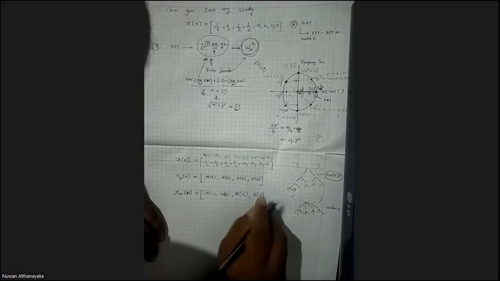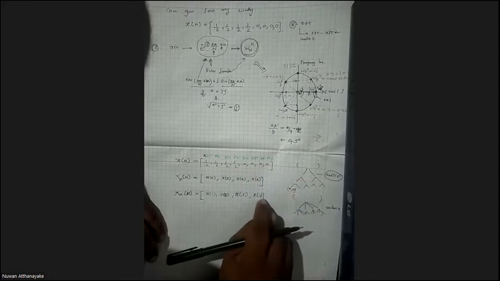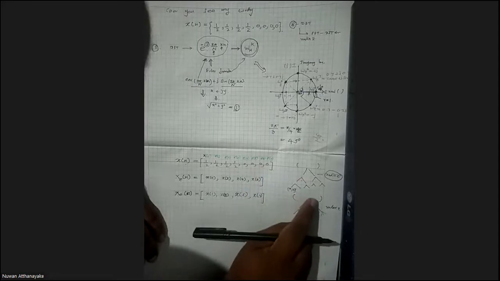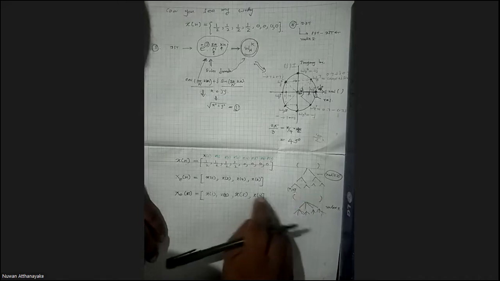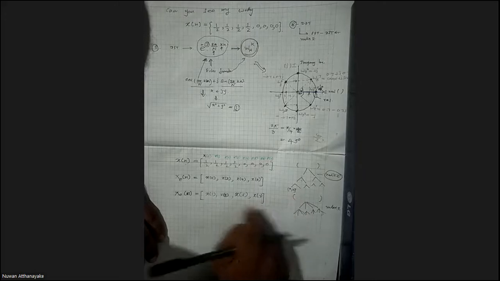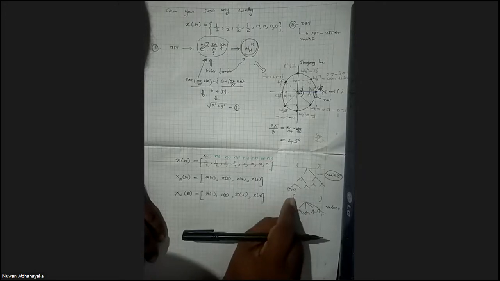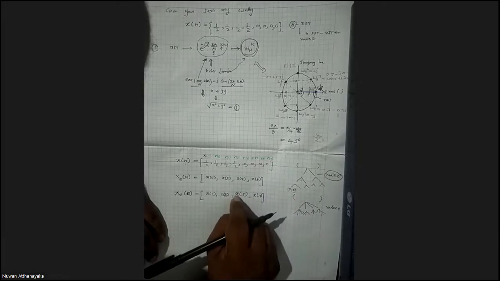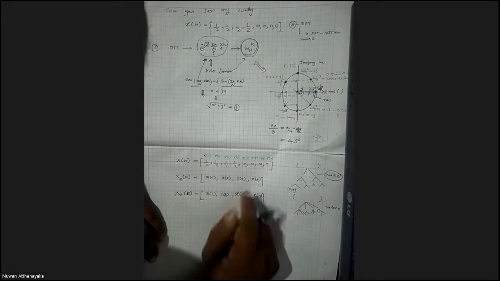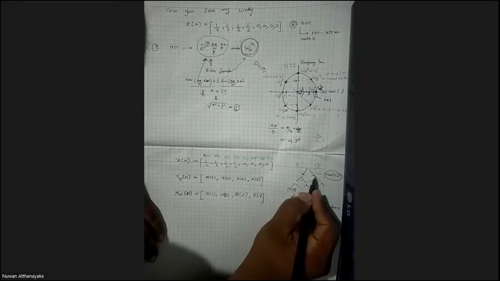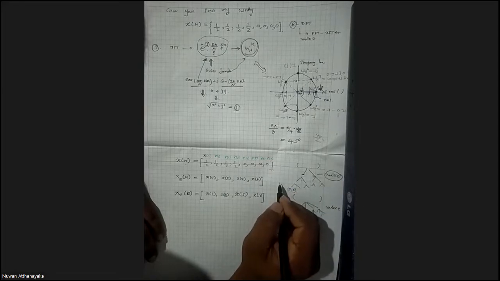If you are given 16 points, you have to write up to x15 so that you get 8 components. Here you will have only 4 components. So I have grouped this into 2 in this way.